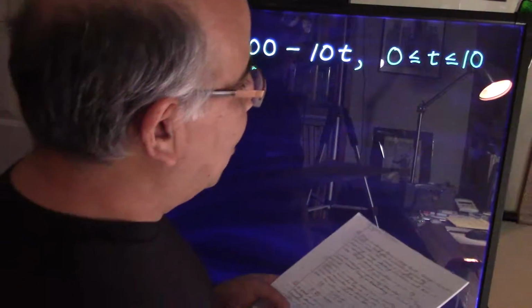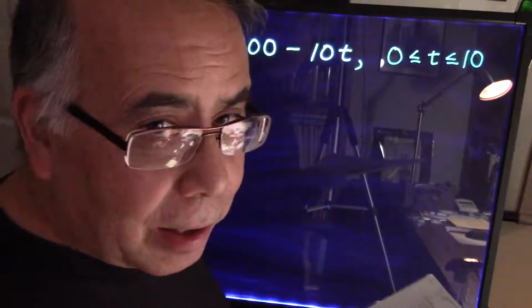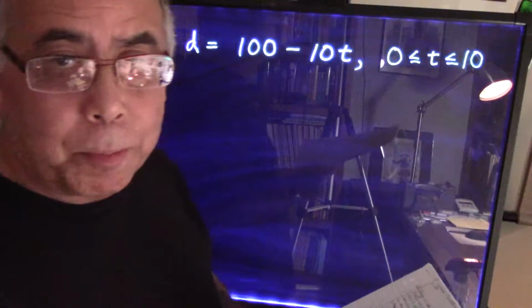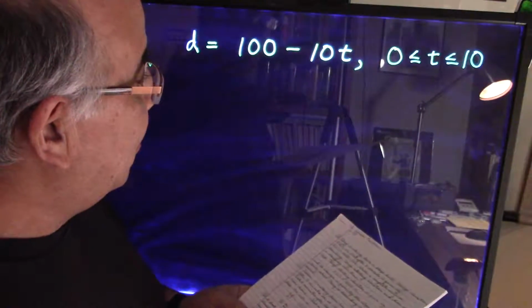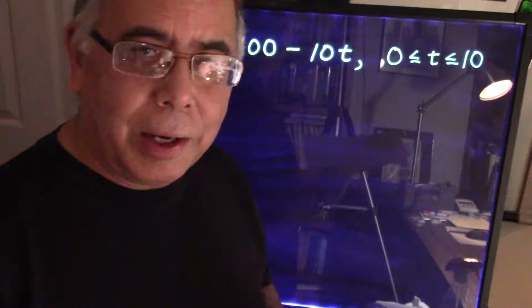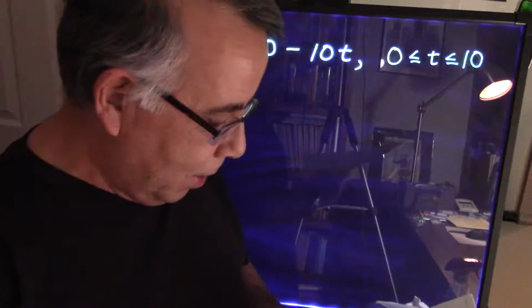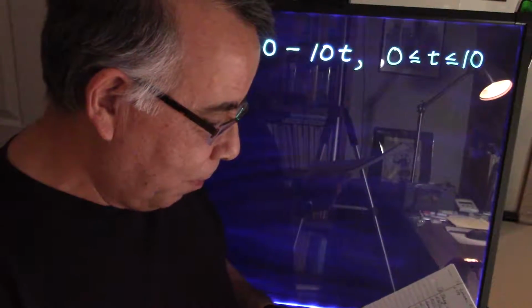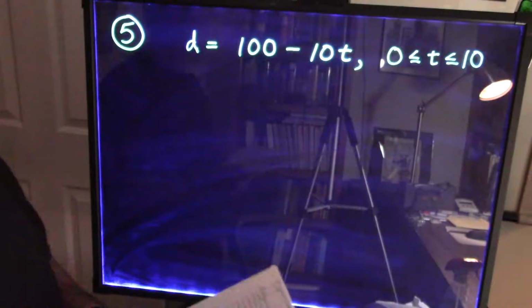Anything after 10 hours really doesn't make sense in the context of this problem. Anything less than 0 also doesn't really make sense in the context of this problem, the way it's stated. So, there you go.